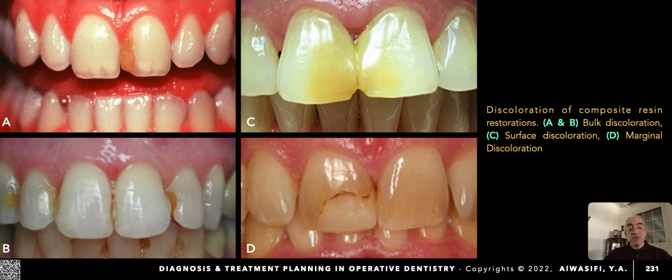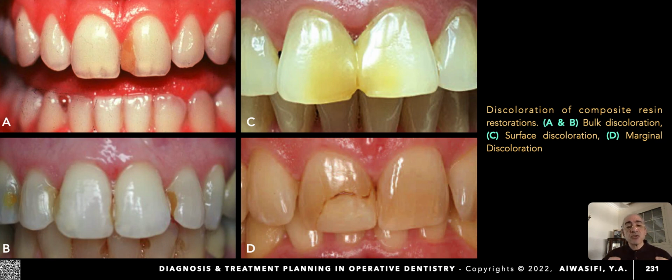But if you have a marginal discoloration, like in photo D, at the margins, obviously this is a micro leakage. Obviously, there is a problem in your bonding procedure from A to Z, either from isolation, application of etching, selection of bonding material, applying the material in multi-coats, whatever the error, but finally it's a gross leakage.